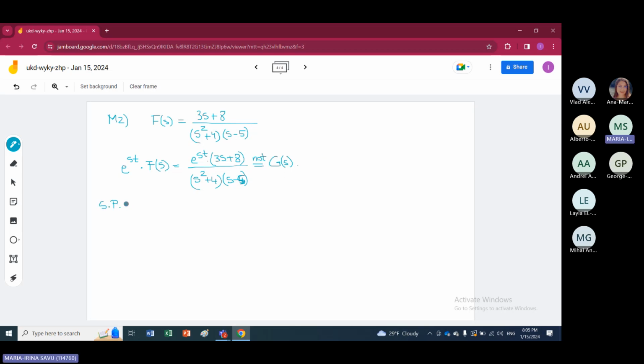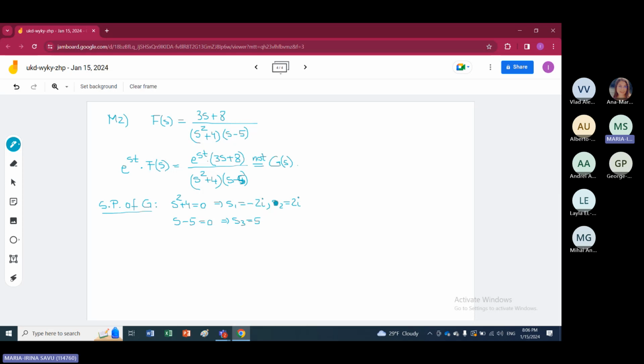The singular points of g are found by solving the equation denominator equals 0. Okay, so we have from this one s1, which is minus 2i, and s2, which is 2i. And from s minus 5 equals 0, we have s3.